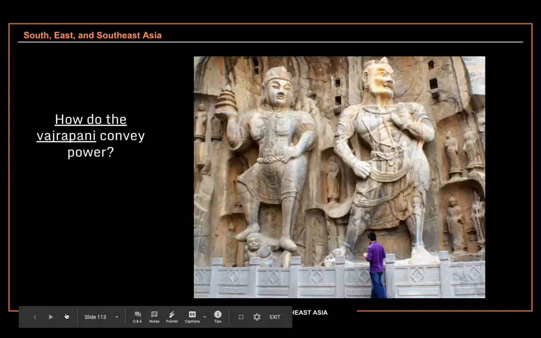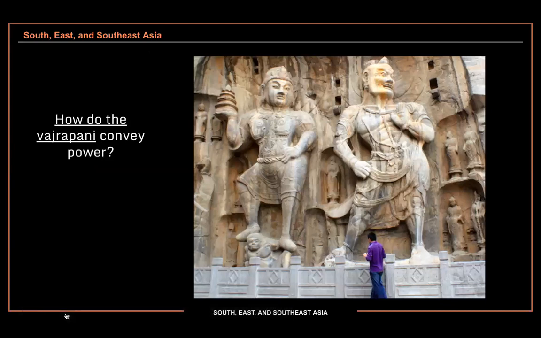There's two of these, and this is really typical of Buddhist temples. Will have these two protector images, right? These are Varapanis. And how do they represent, or how do they convey power, right? Let's look at their bodies and their expressions. How do they communicate their function as power imagery and protector imagery?